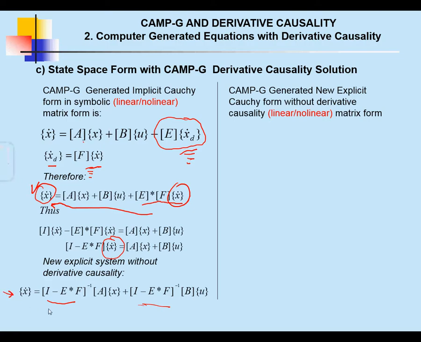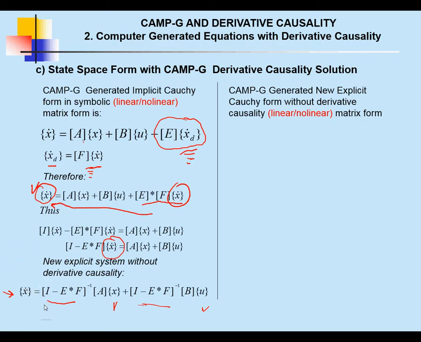This thing here has x and then it has u, the state variables and the inputs. But isn't that what we want? That's what we want, the derivatives in terms of the states and inputs.